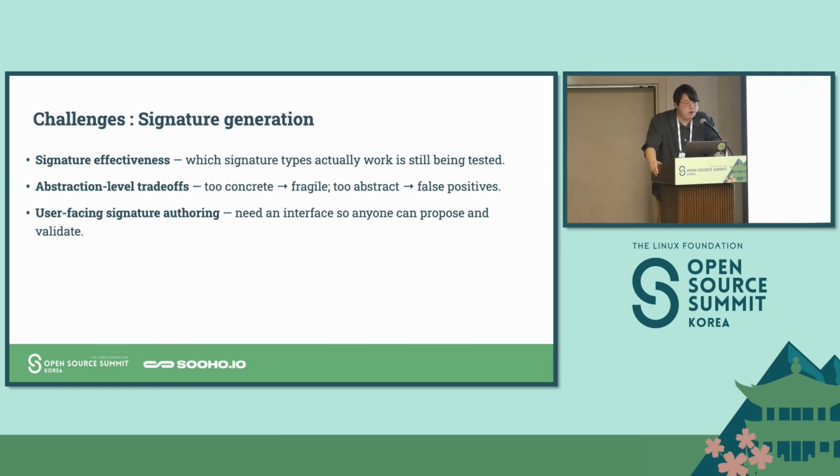When it is too concrete, it's too fragile across compilers or little modifications. When it is too abstract, there are a bunch of false positives. So we're going to start with diff anchors and short graphs, the approaches we mentioned beforehand.